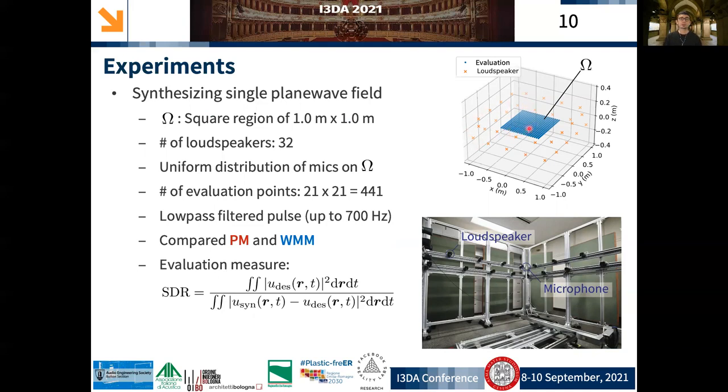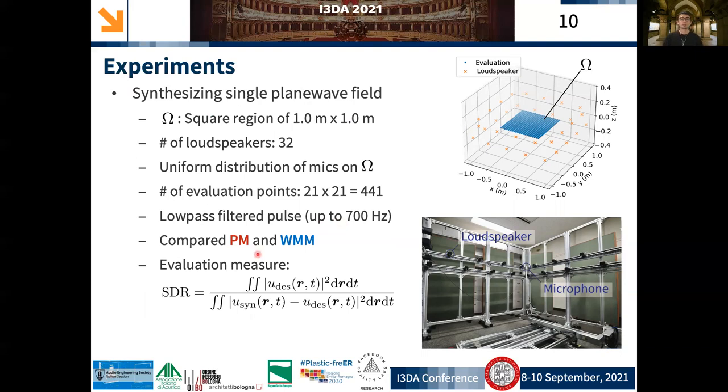The microphones were uniformly distributed over the target region omega, which was used as the control points in the pressure matching and for estimating expansion coefficients of the transfer functions in the weighted mode matching. And the number of evaluation points was 441. The source signal was a low-pass filtered pulse signal whose cutoff frequency was 700 Hz.